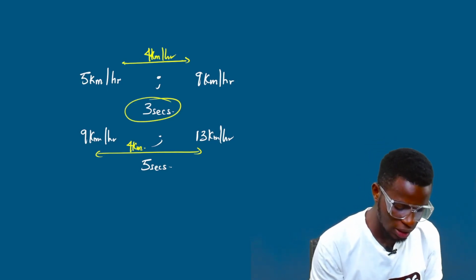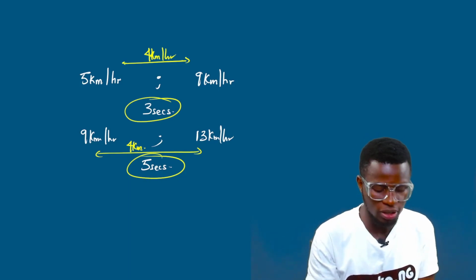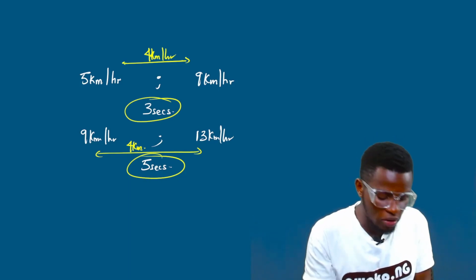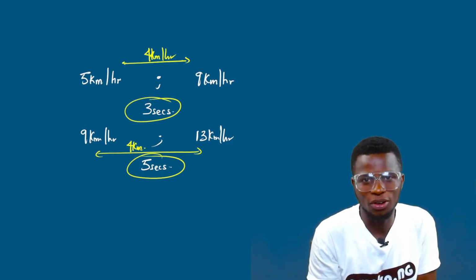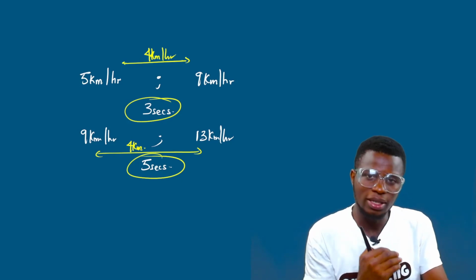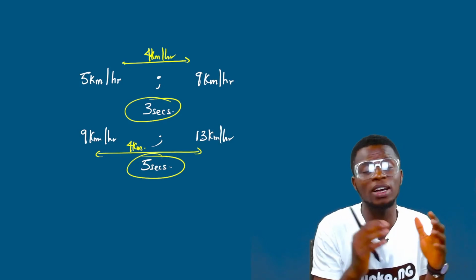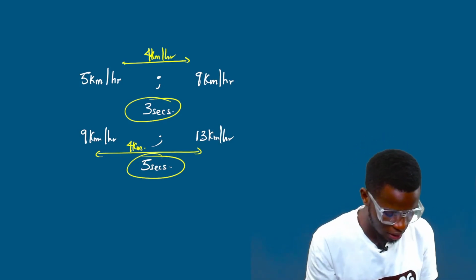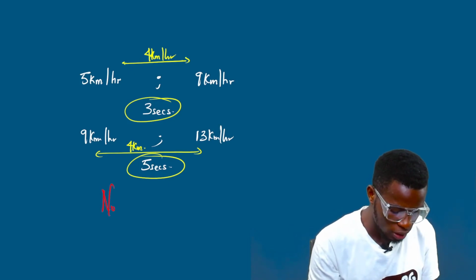But the first change took 3 seconds, while for the second change, the same difference, it took 5 seconds. Realize that because the time change for both is not the same, even though the velocity change is the same, then we say that the acceleration of the body is non-uniform.